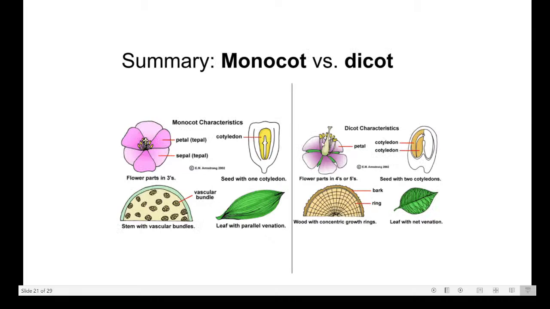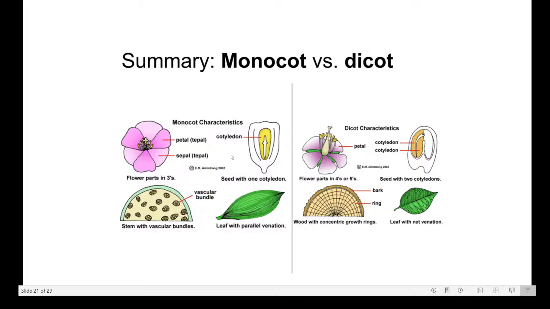For example, this monocot system has only vascular bundles, and its leaves are parallel veined. Based on leaf shape, leaf vein direction, and seed condition, we can easily identify whether it is monocot or dicot.